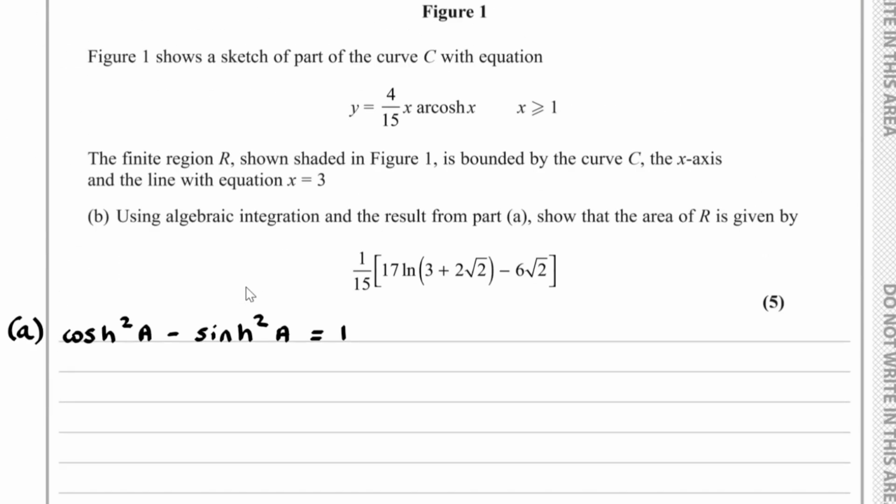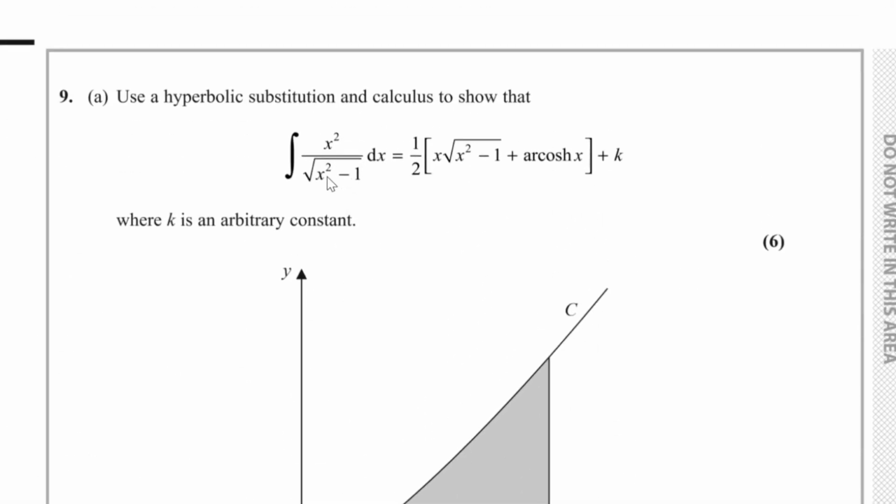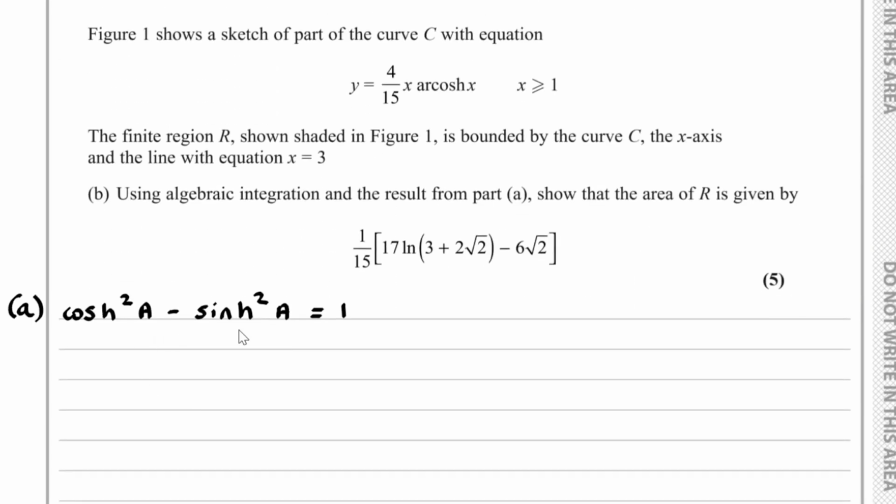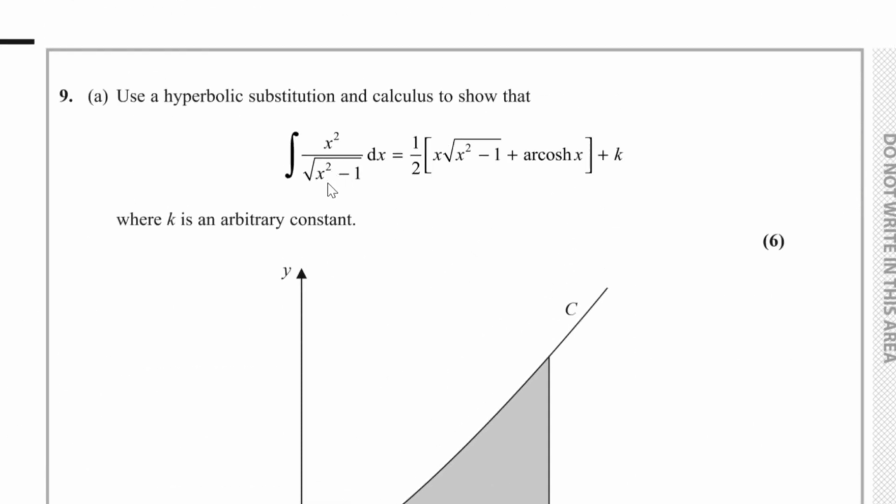Now, if we pay attention to what we are integrating, well, here you can see we've got a x squared minus 1. We want something of that form. Now, if I rearrange for hyperbolic sine squared, hyperbolic sine squared is equal to hyperbolic cosine squared minus 1. This matches the form we have over here.